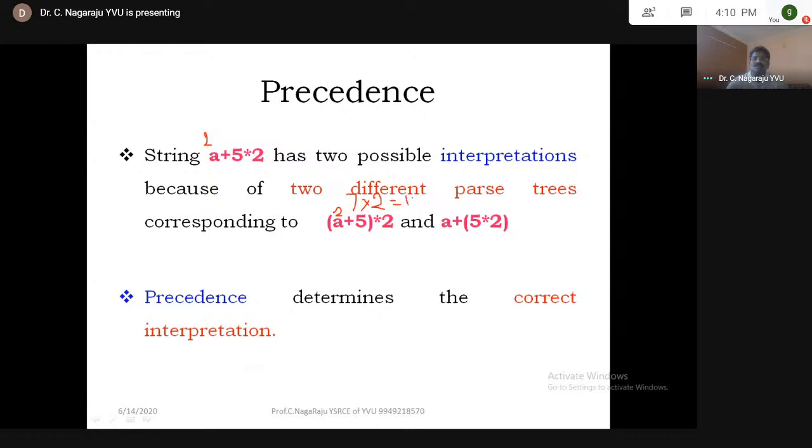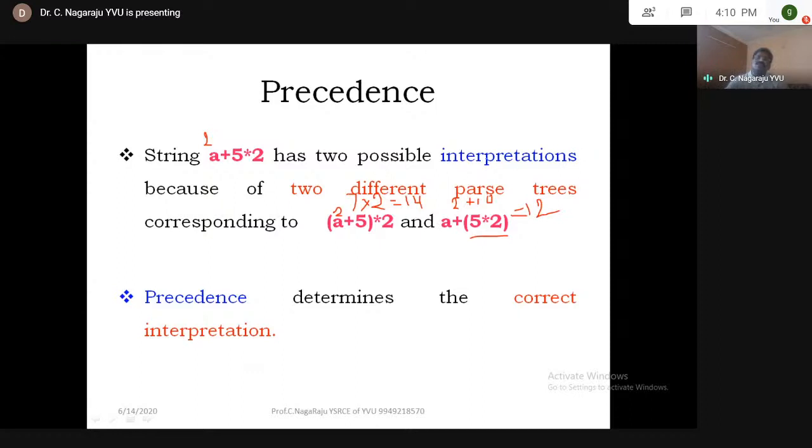In the other case, the first operation executed is 5 into 2, because the bracket is there. So 5 into 2 is 10. Then 10 plus 2 is equal to 12. You are getting the answer 12.